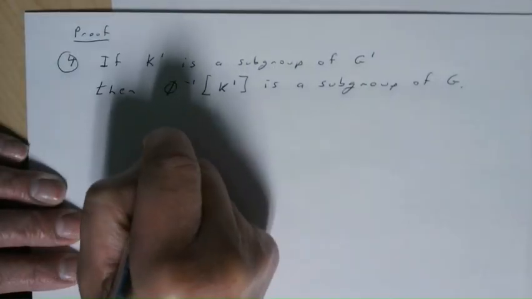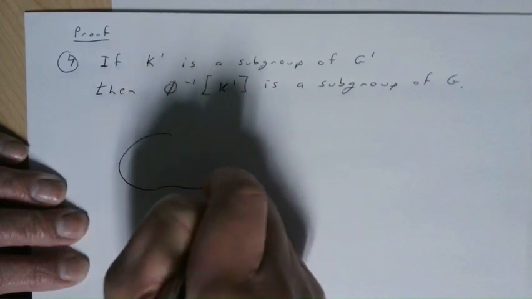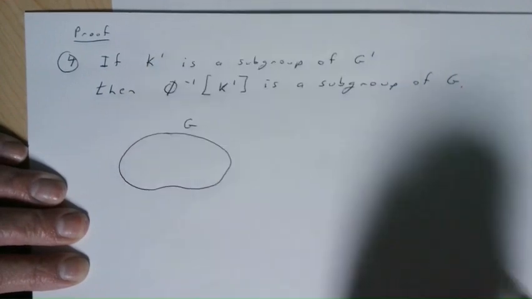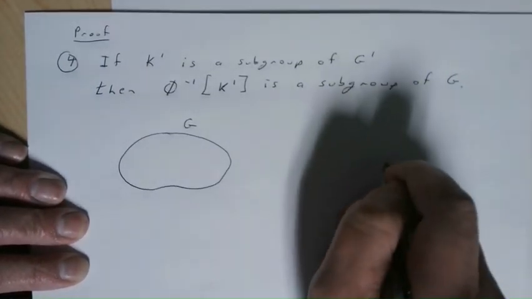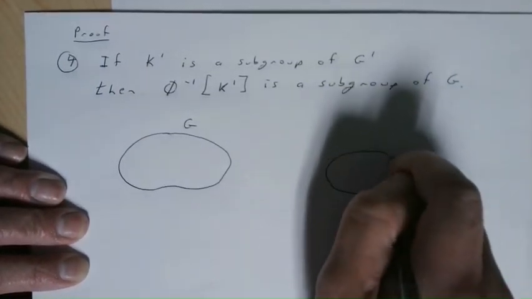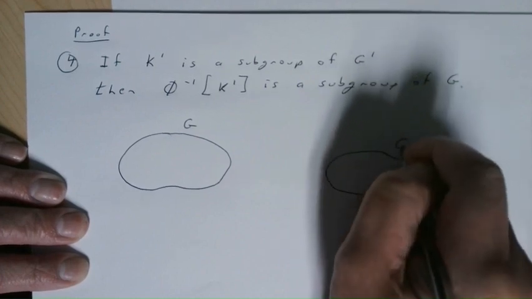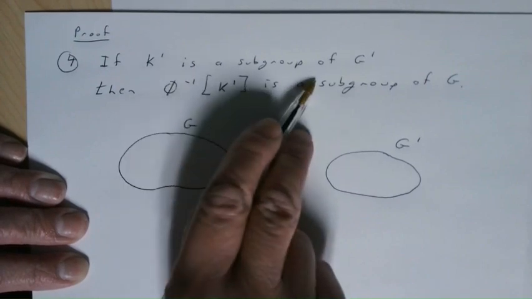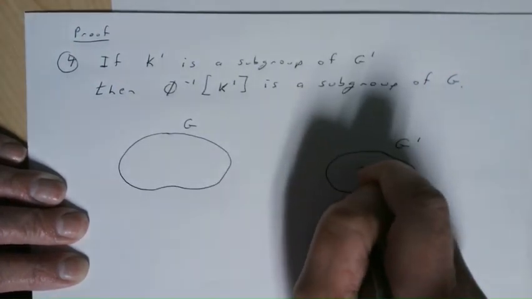And so let me make a little picture of what we might have here. So we have a group G and the group G prime. And then this K prime is a subgroup of G prime.